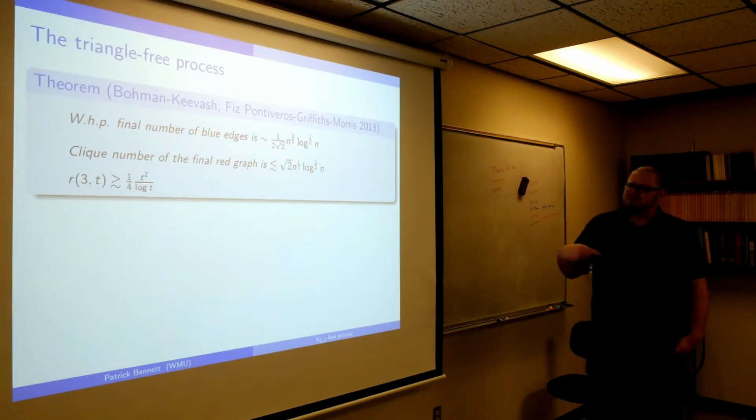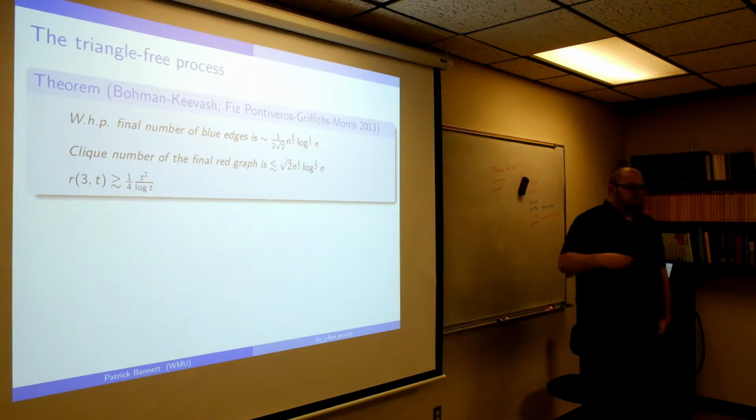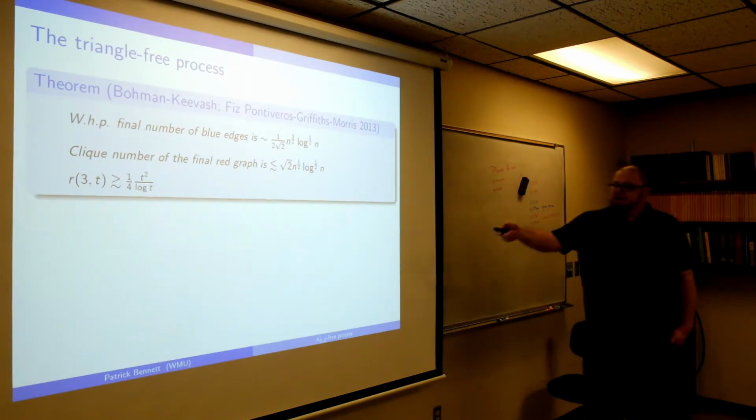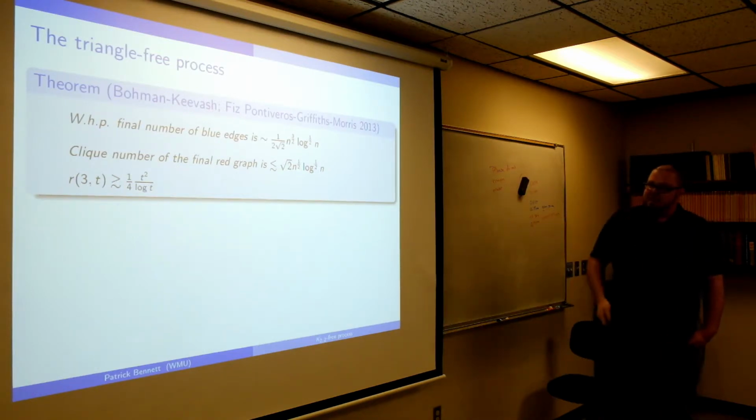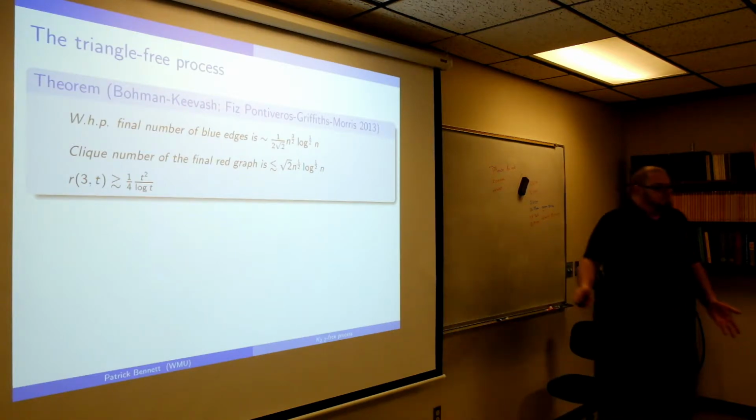The other part is the clique number, and that might be hard. We don't get that for free. This process isn't doing anything that would deterministically forbid large red cliques, but probabilistically, it's unlikely to have a clique bigger than that. So that proves the existence of a graph with no blue triangle and no big red cliques. That gives you Ramsey.